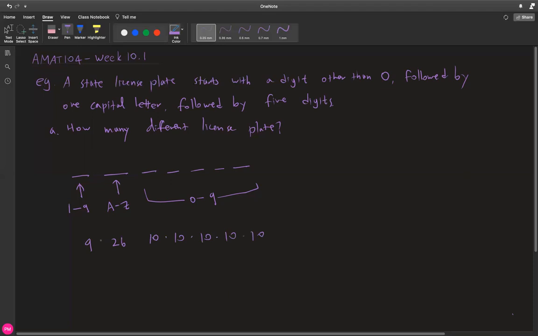And by the multiplication rule, you can simply multiply each one and find the number of possible ways. So in this case, it's 23,400,000.